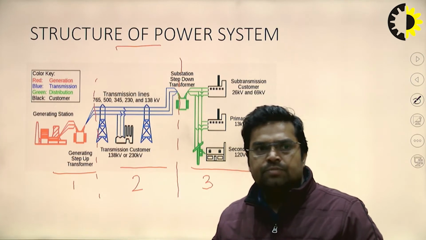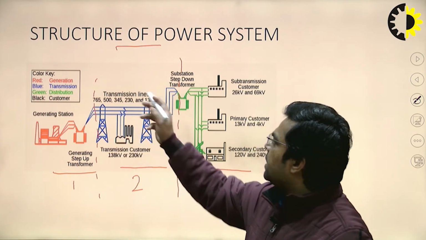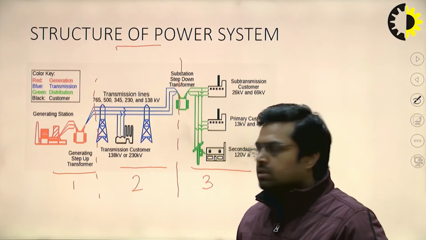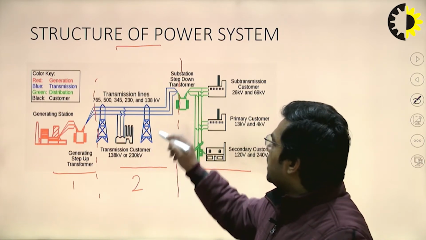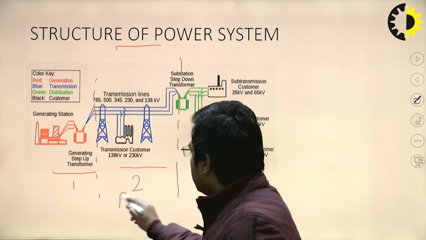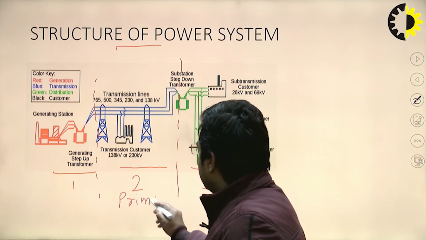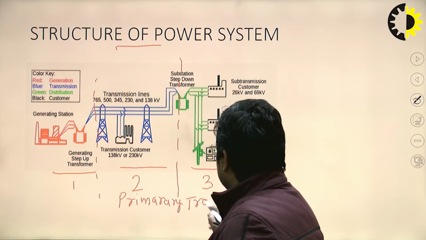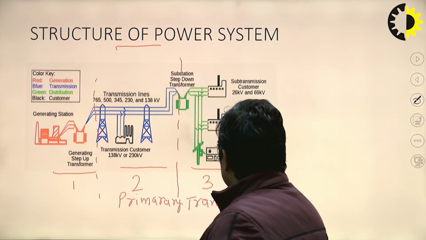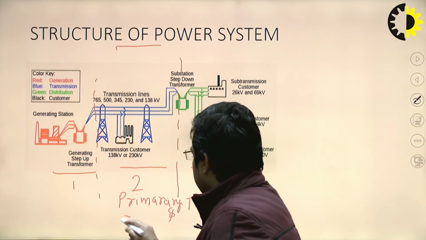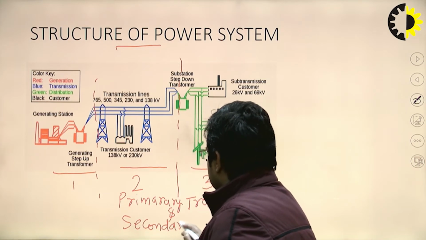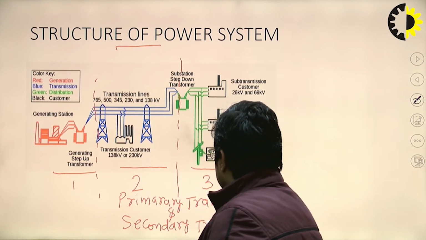After further classification, the transmission system we classify in 2 ways. First one is primary transmission and the second is secondary transmission.